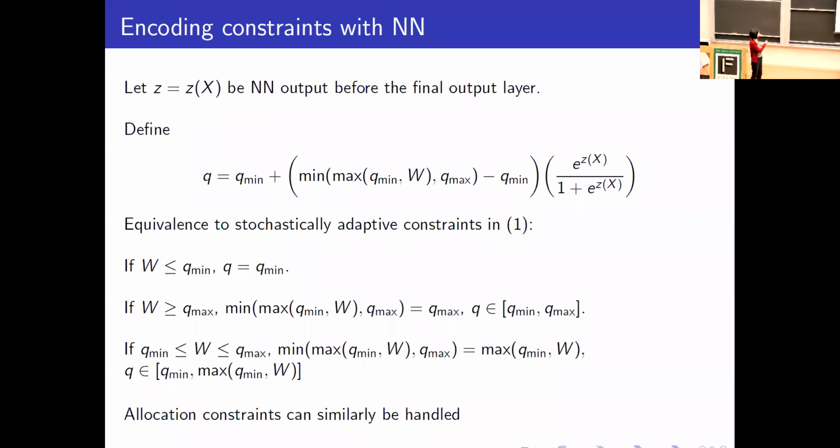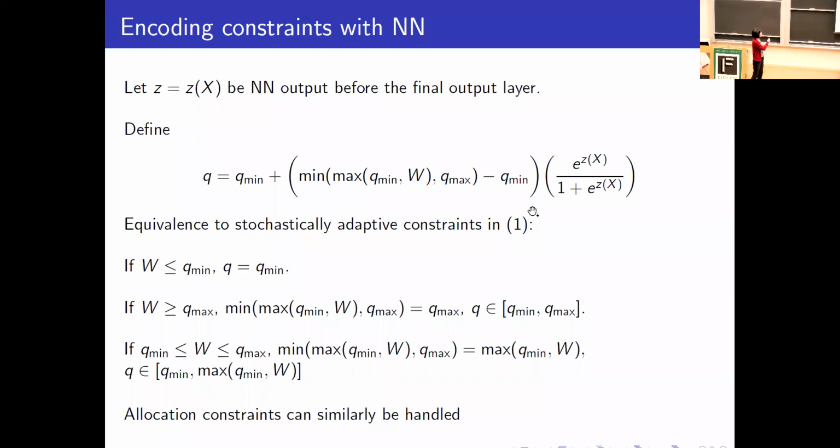Assume Z(x) is the output of the neural network before the final output layer. I'm going to add another final output layer, and then I define my Q, which is the withdrawal, to be this function of the neural network output Z.